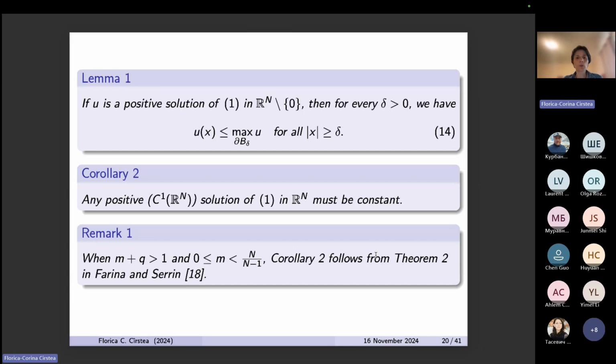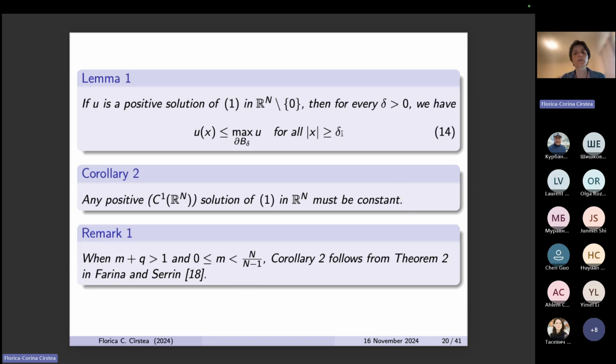Okay, so now, without proof, I am mentioning a few tools that are very important in the paper. One of them is this lemma. The first is that if you have a positive solution, and important here is that it is in Rn minus 0, then when you fix any delta positive and look to the right, with the modulus of x to the right of this delta, the values of U decrease with respect to the maximum of U on the sphere of radius delta.